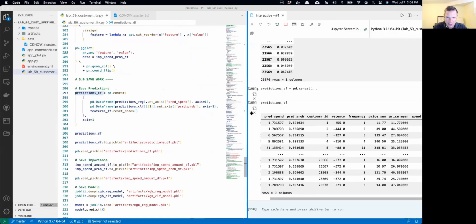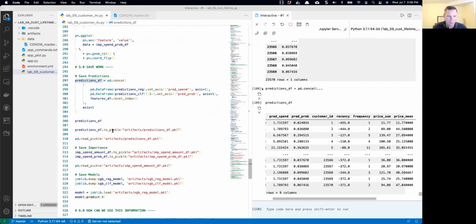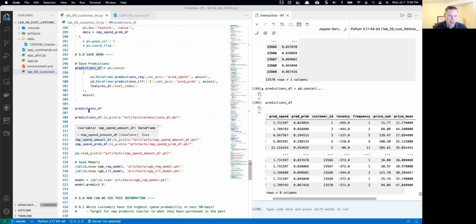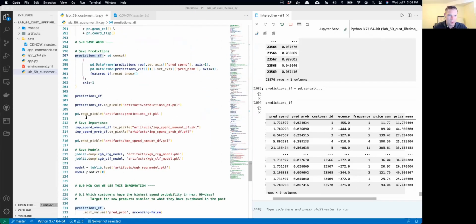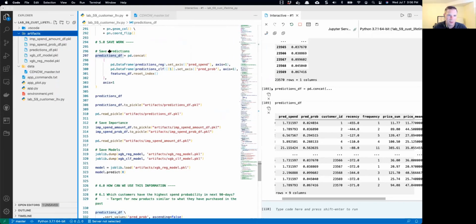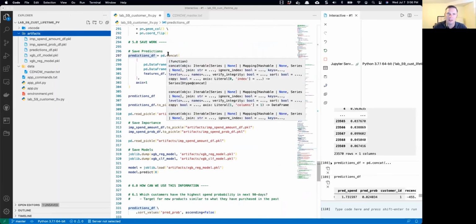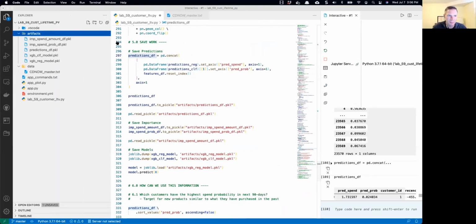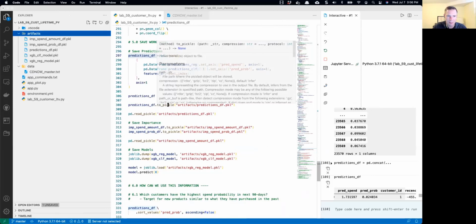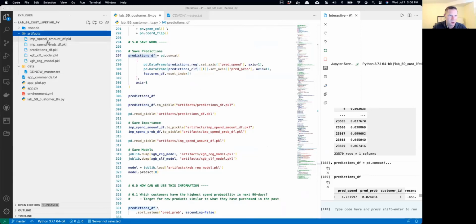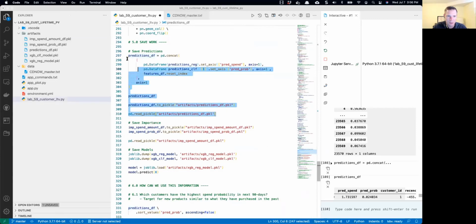Okay, so that's why you want to save this predictions data frame, and then you can save the importance. We do that here, and that's populating our artifacts over here. Our artifacts is basically just saving our work. I'm saving my predictions as a pickle file. If we do shift enter here, it saves the predictions as a pickle file.